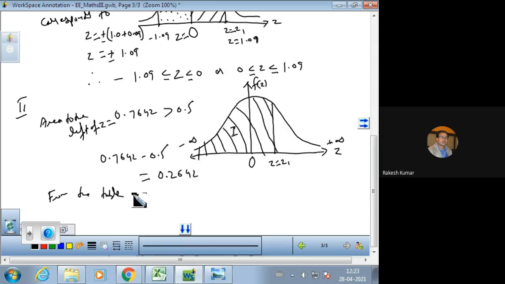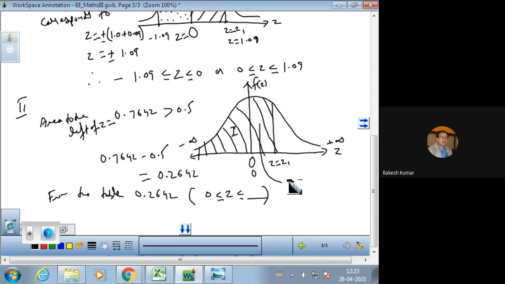The table. 0.2642 ये एरिया के कॉरेस्पॉन्डिंगली जीरो से लेकर के Z1 तक, इट मीन जीरो से लेकर के 0.2642 तक पॉइंट चाहिए, एरिया नहीं चाहिए. यहाँ पर हमें पॉइंट फाइंड करना है. We want the point here for this area.